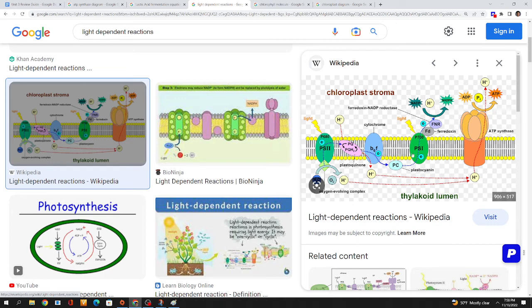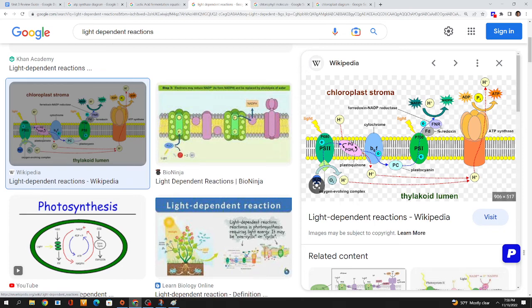And what that does is excite another electron, and this electron will then go through another electron transport system, but this one does not release protons into the thylakoid lumen. It simply allows the electron to continue going through until it reaches this protein called NADP reductase.